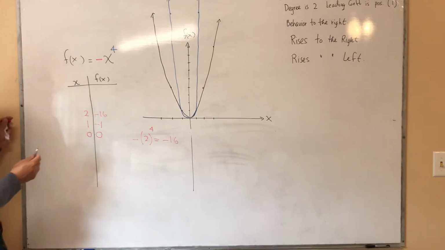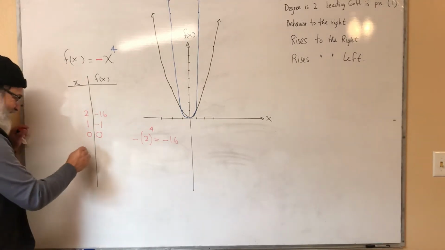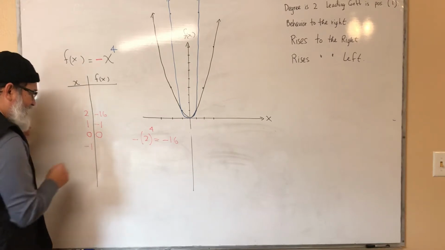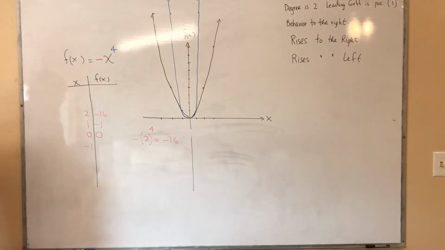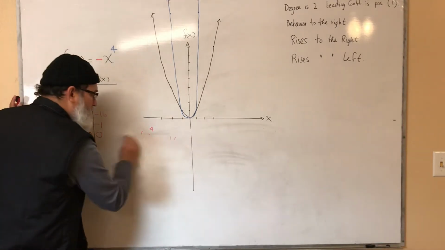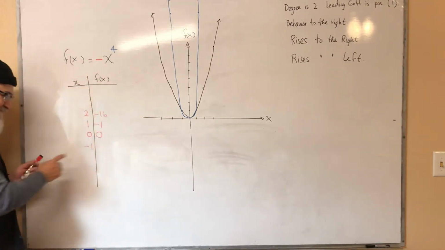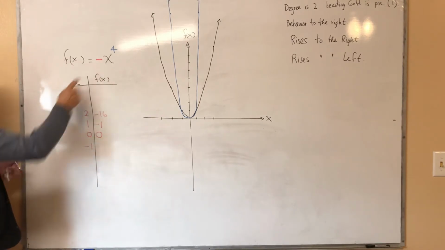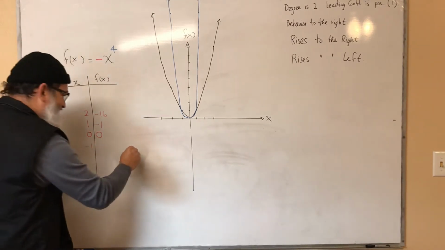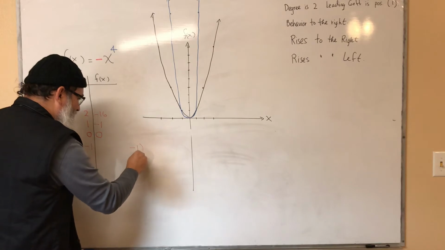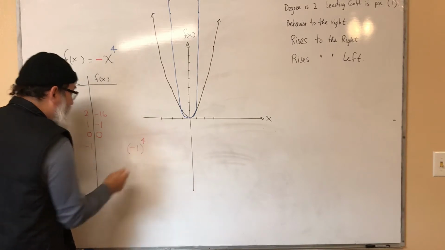Let's do negative 1. Okay, let's do that. Let's do it again. This negative 1, according to this expression, the negative 1 is going to be raised to the fourth power.